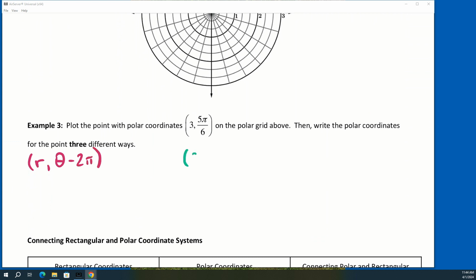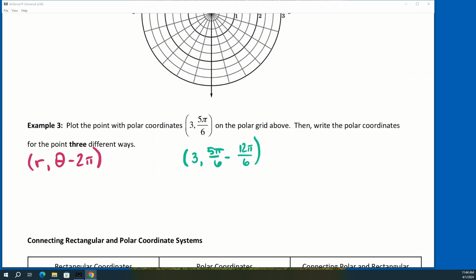So for this particular problem, it would be 3, and then we would take 5 pi over 6 and subtract 2 pi. Well, I'm not going to write 2 pi as 2 pi. I'm going to write it as something over 6. So if I want to get 2 pi, I would take 12 pi and divide it by 6. All right.